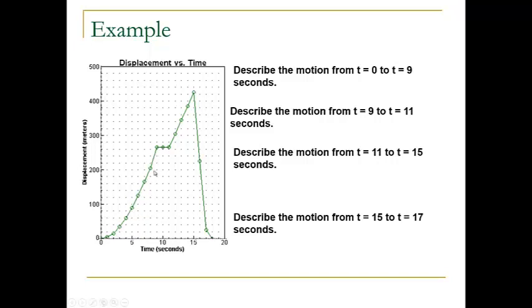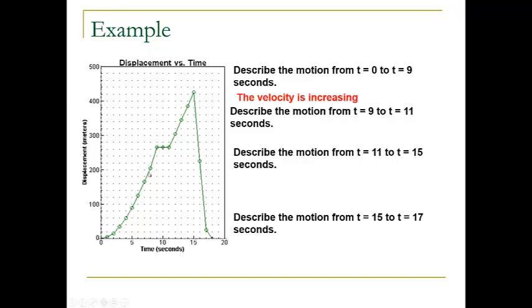Remember that the slope of a distance versus time graph is velocity. Since your slope is getting steeper, that means your velocity is increasing. I'm not asking you to figure out what it actually is. You could, but at least this way you know that it's increasing.